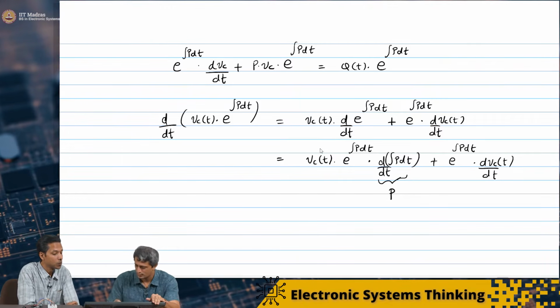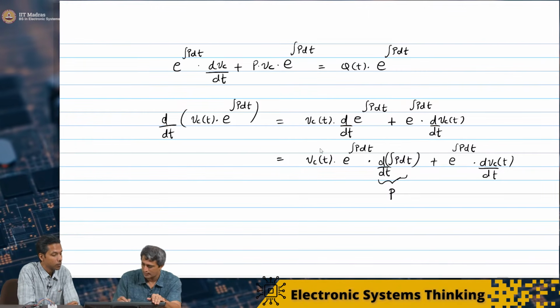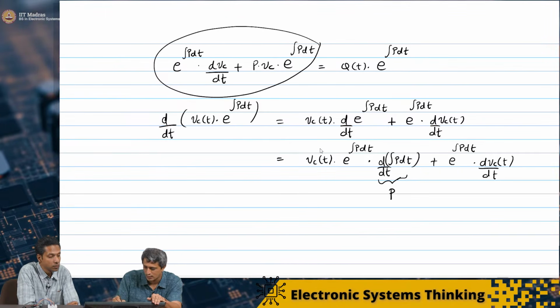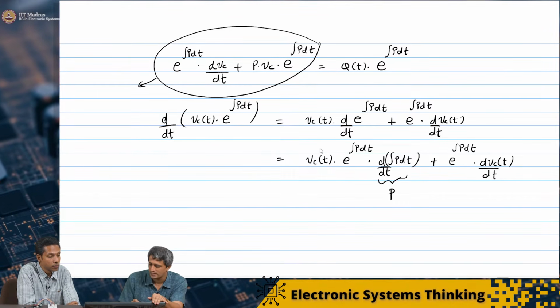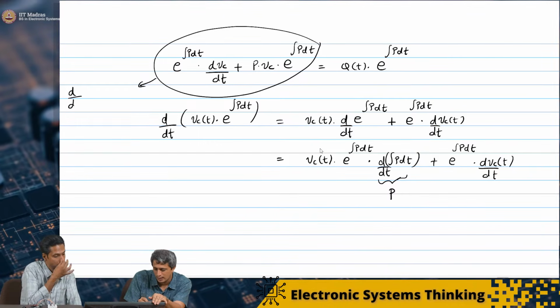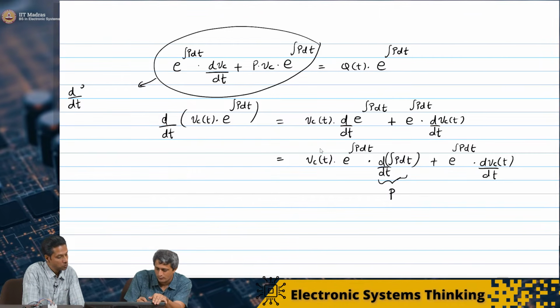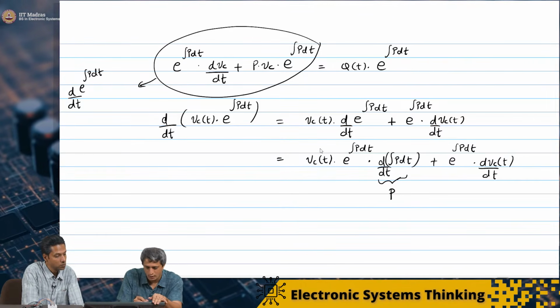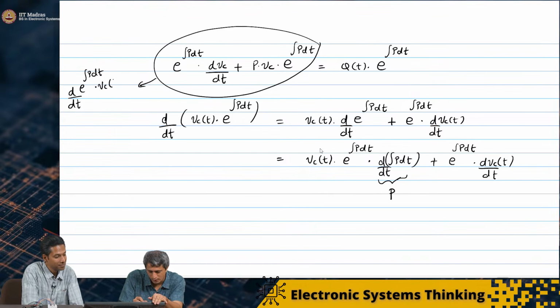So this term that we had here, I can simply replace by d by dt of e power integral p dt into vc of t.